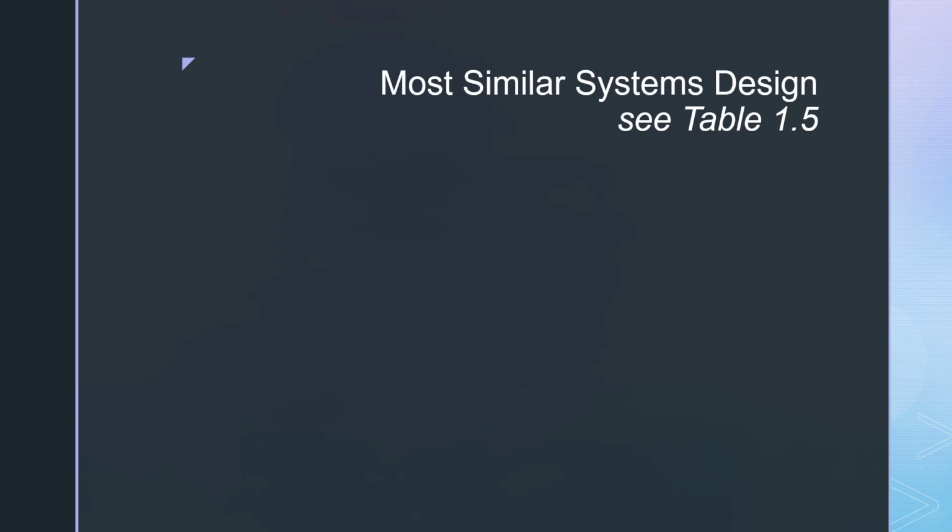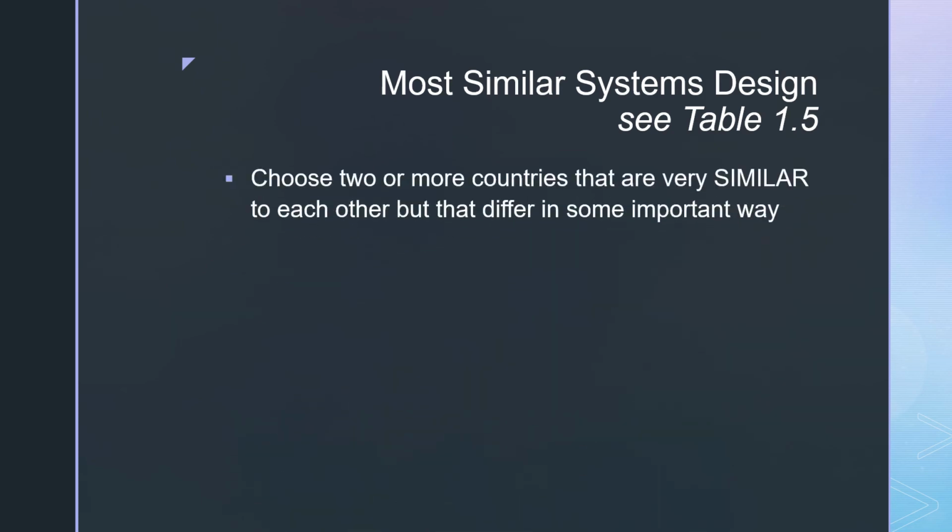So the most similar systems design has us choosing two or more countries that are very similar to each other, but that differ in some important way that we want to know about. In the textbook, you can read all about that on table 1.5.